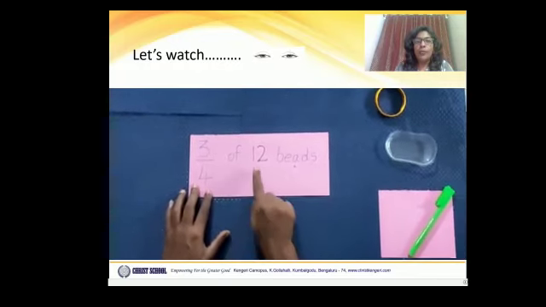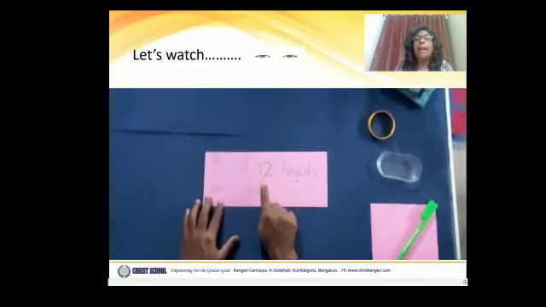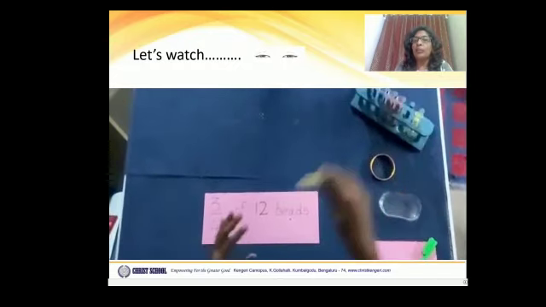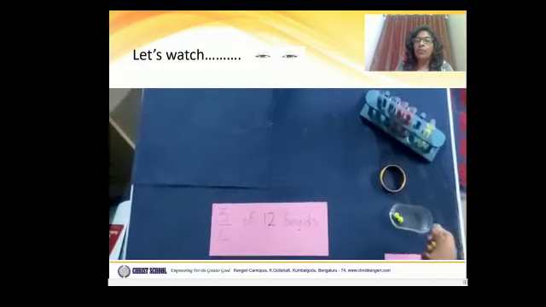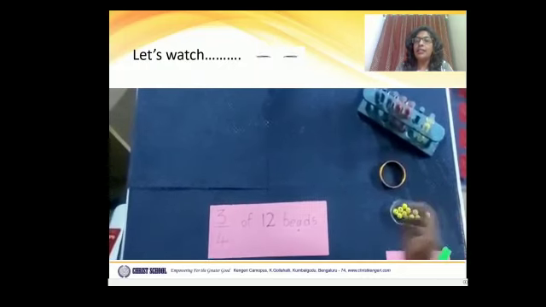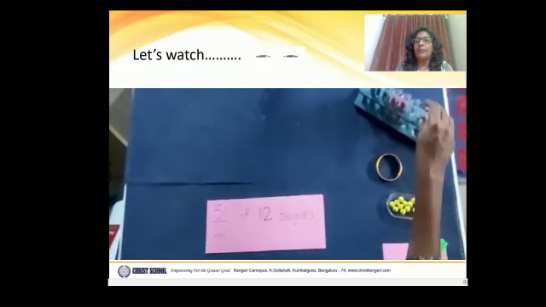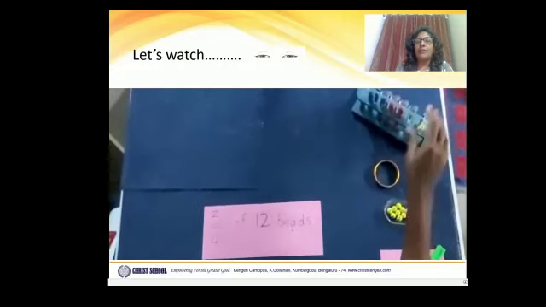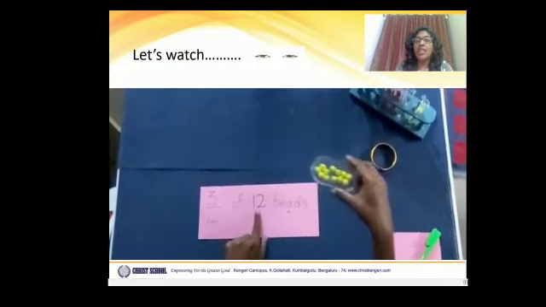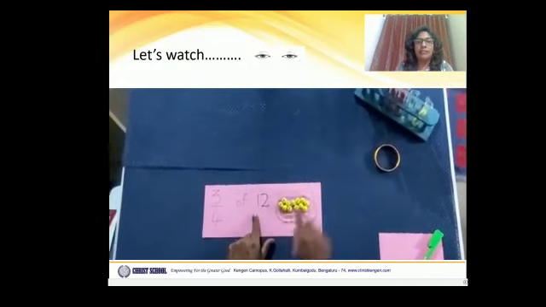Now here we have 12 beads. So let's count the beads. 1, 2, 3, 4, 5, 6, 7, 8, 9, 10, 11, 12. So we have taken 12 beads.